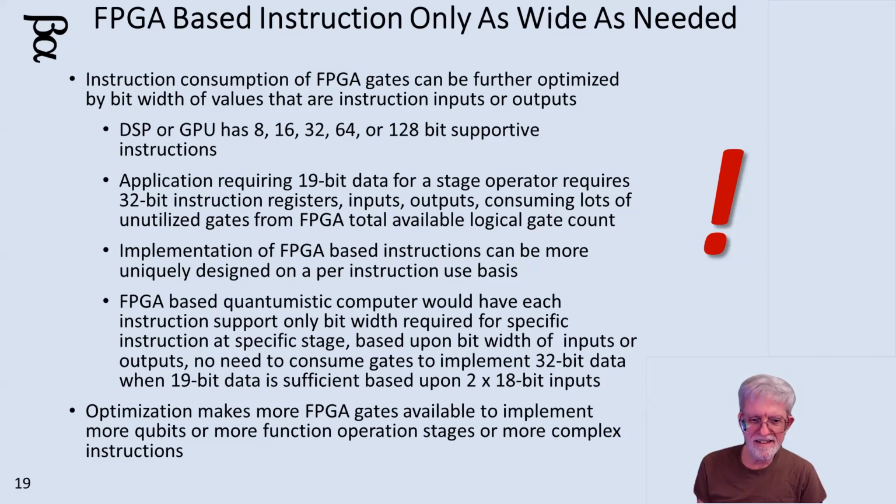A lot of waste of gates. So if you said, I want a 19-bit data item, and it's going to be like an add, then I have two 18-bit inputs making one 19-bit output. If you can decompose the instructions down to only what you need, it frees up more gates.